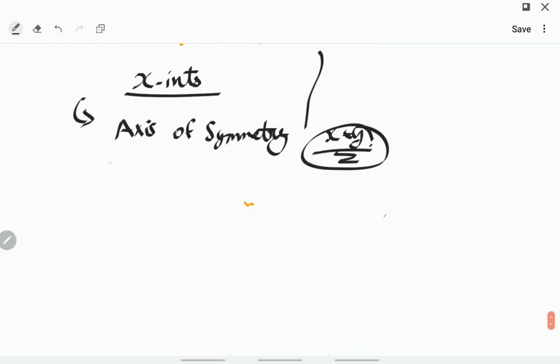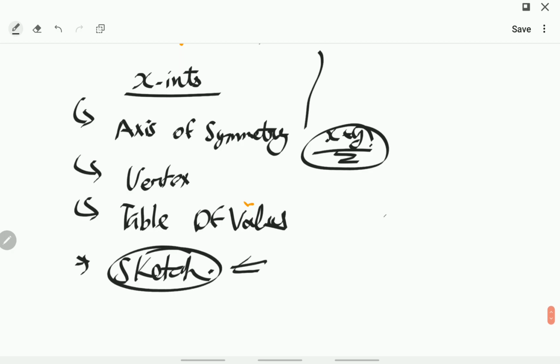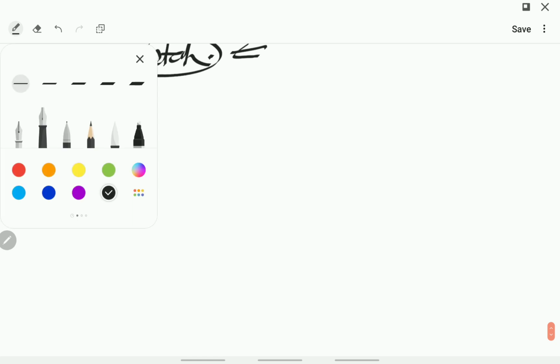Then, if you know the axis of symmetry, you can find the vertex, and you can use a table of values from there. And then you can just sketch the parabola, right? Simple. So let's continue on the video.